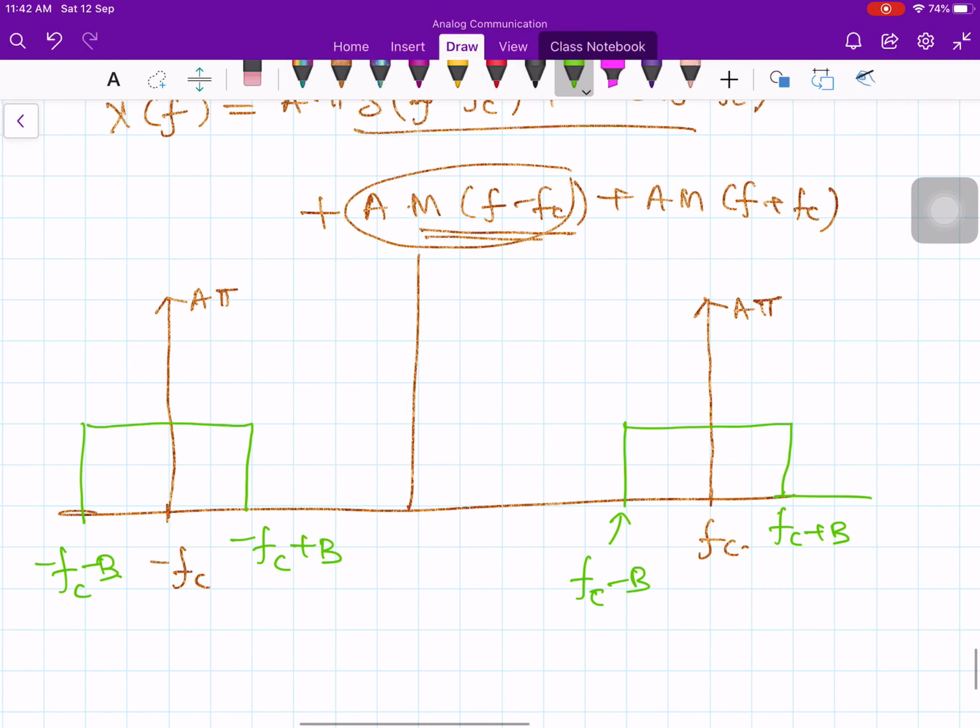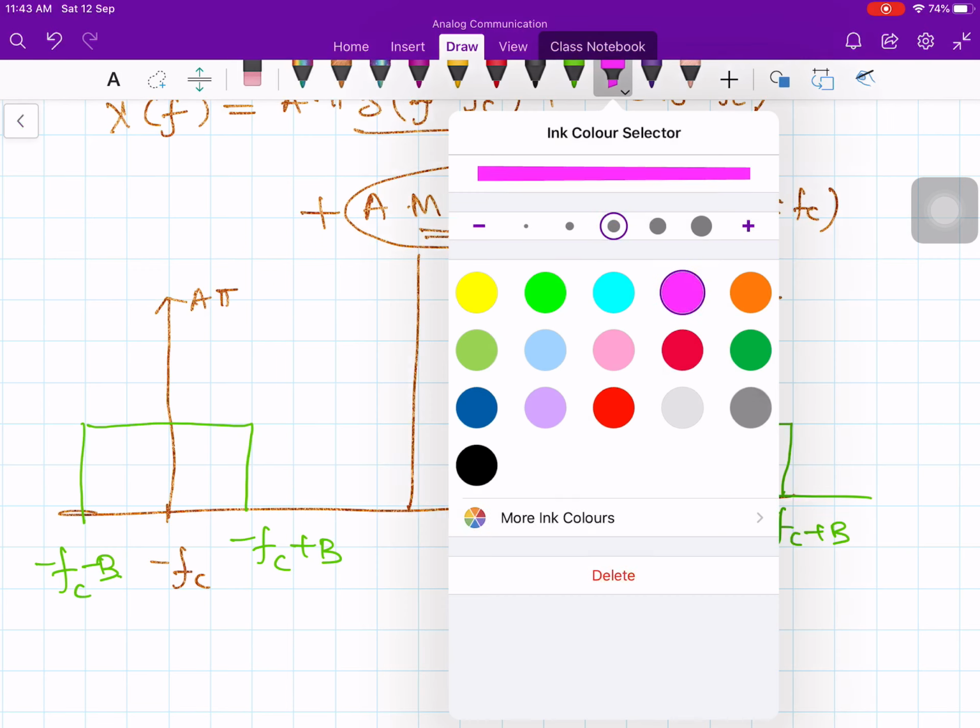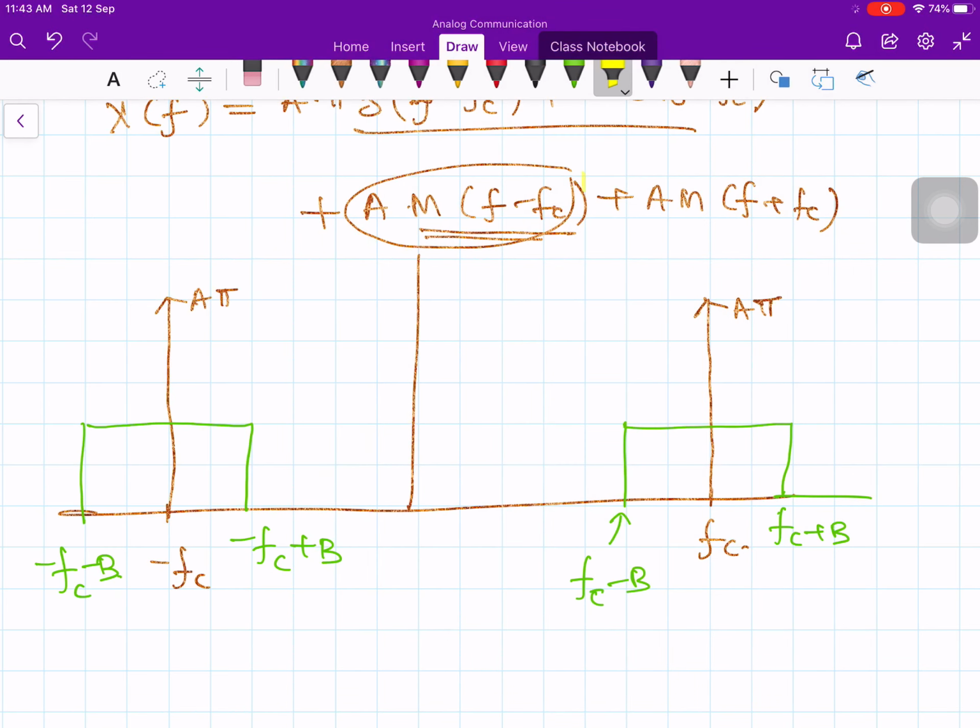Therefore this is around fc and this one is around minus fc. So the same spectrum m of f is translated to plus fc and minus fc, and in addition to this there is a carrier component. Carrier component, and here also a carrier component, which was not there in the suppressed carrier modulation.